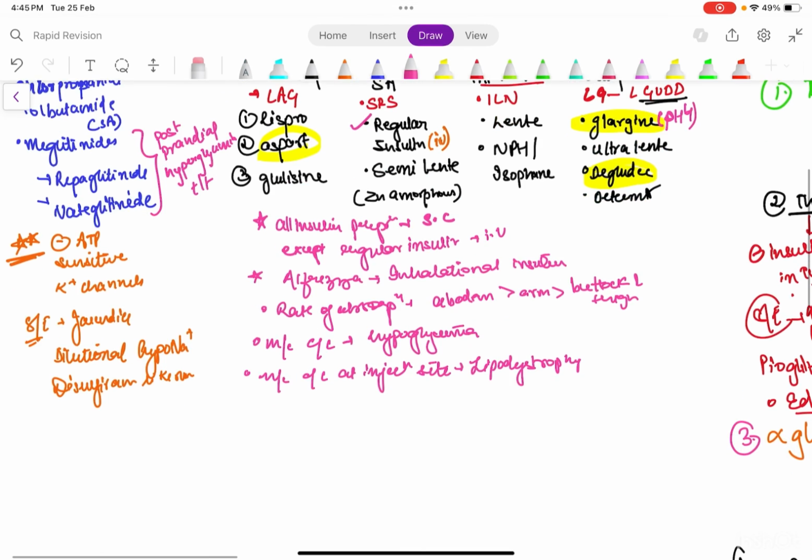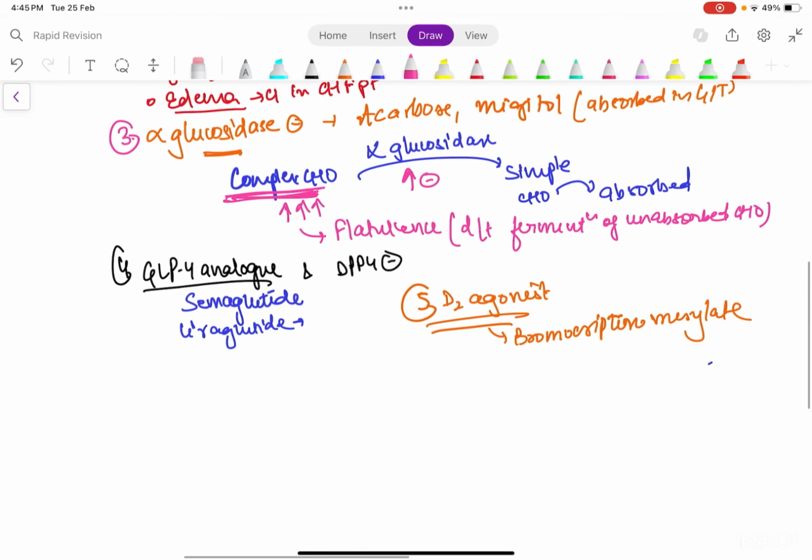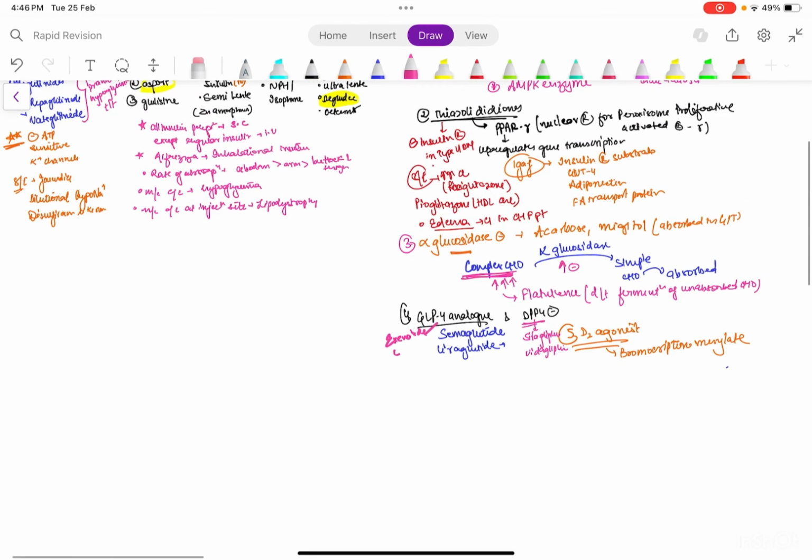In the incretin class we had semaglutide, liraglutide. These are GLP-1 analogs. We had exenatide, as I told you before, and we had liraglutide and semaglutide. In DPP-4, I forgot to write, these are the gliptins, so sitagliptin, vildagliptin, and so on.